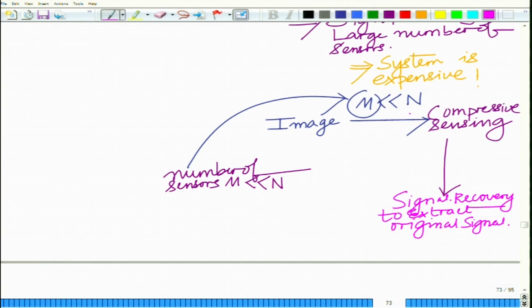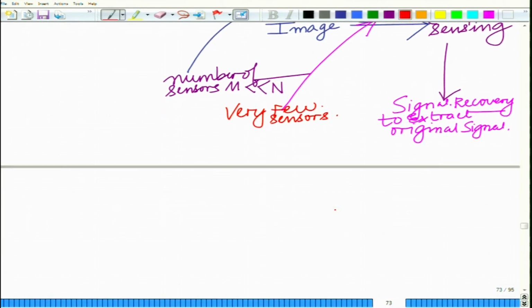So this is the idea. It is very few measurements followed by signal recovery, and it requires very few sensors. So you are performing compression during sensing, or compression together with sensing.